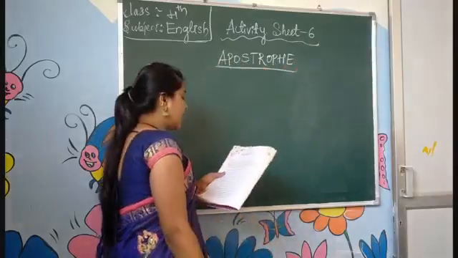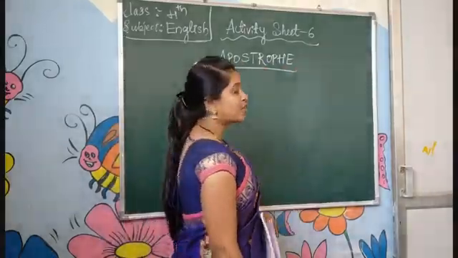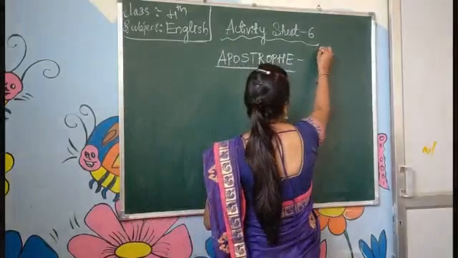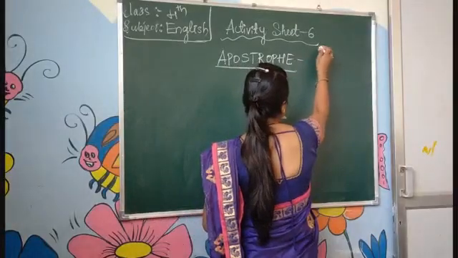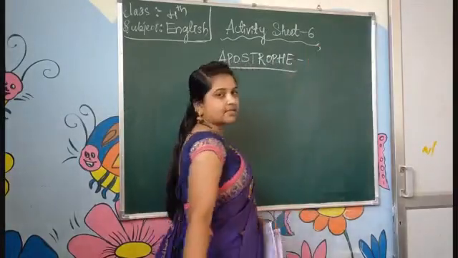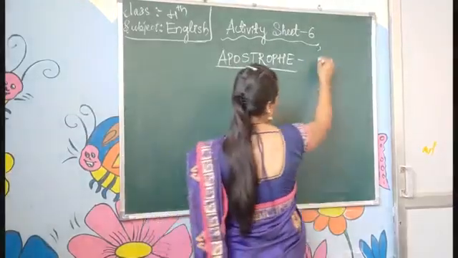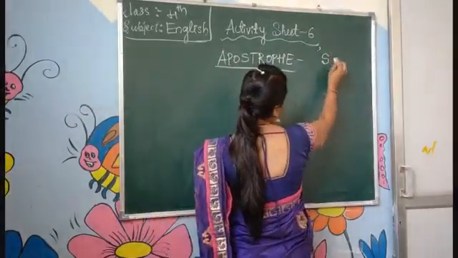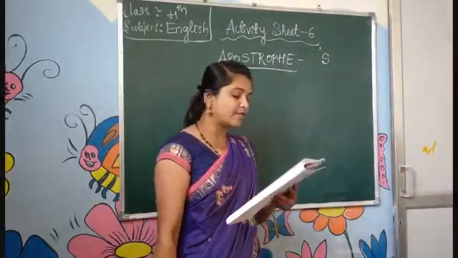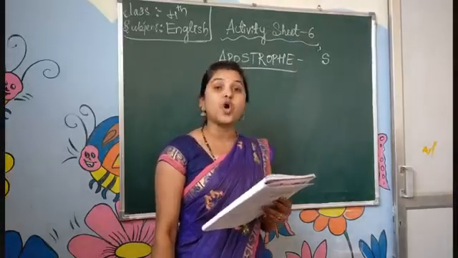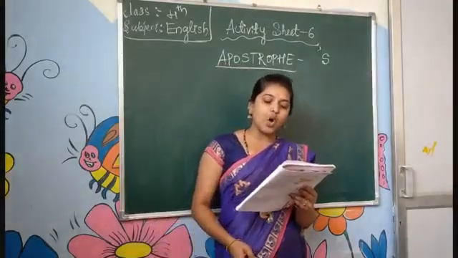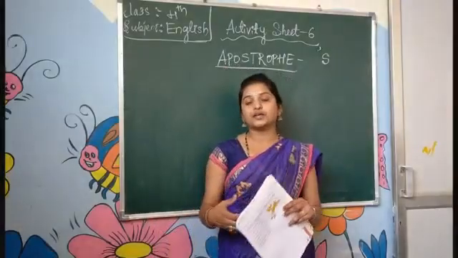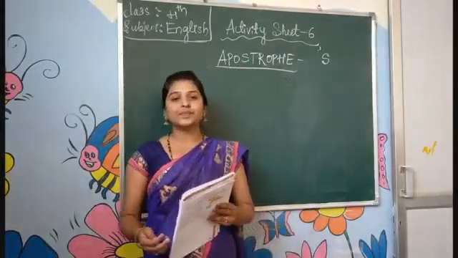Yes, and how do you need to write the apostrophe? It comes on the top like this. Apostrophe. Yes. So the apostrophe is added to a noun to show ownership or possession.